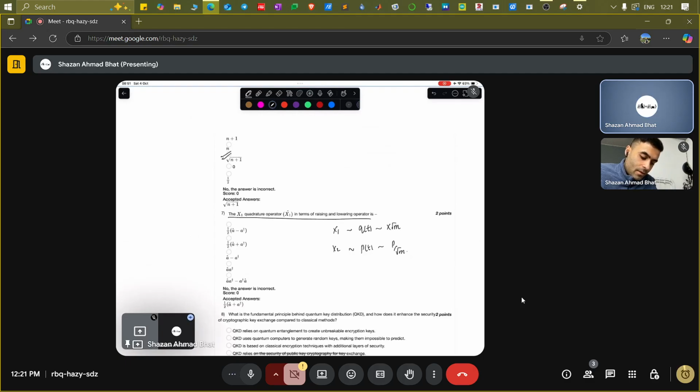Remember? Now you can write the x1 quadrature in terms of the creation and annihilation operators just like this. Similarly, you can write x2 as 1/2 of (a minus a dagger).